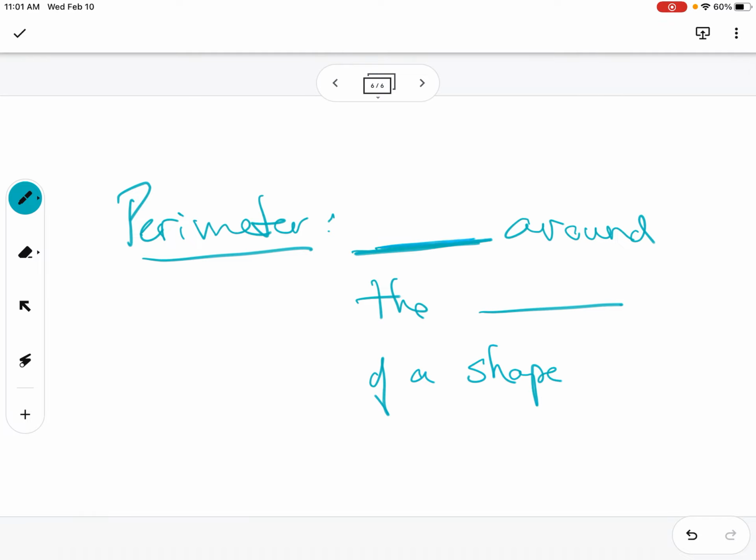What do you remember about this word? Perimeter starts with a D, a distance around the, what do you remember about this word? Starts with an O, tells us where on the shape, around the outside of a shape. That's the definition of perimeter that I think is really helpful to use: the distance around the outside of a shape.